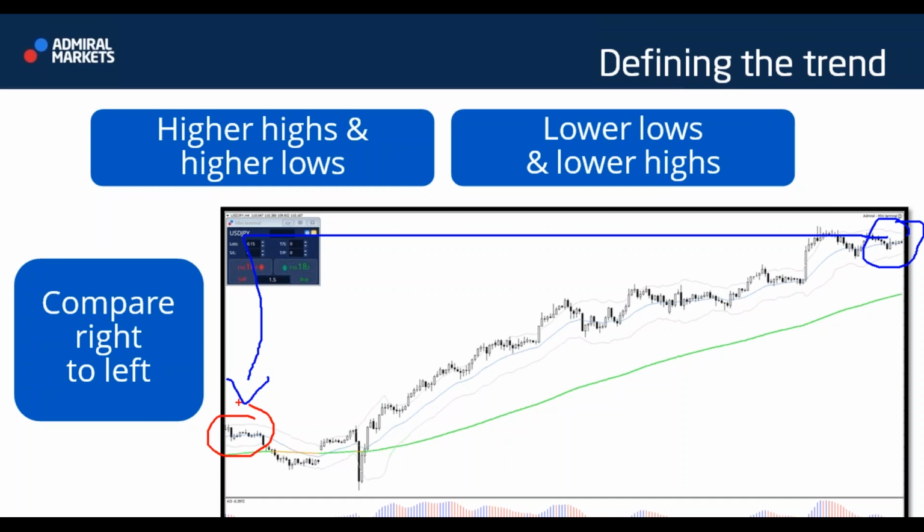But there are traders out there with a lot of experience that don't use any indicators, and just purely instinctively, intuitively look at the chart and spot the trend like that. But if you're starting out, or you've been trading maybe only a few months or even a few years, it's good to have some indicators that help you digest this information.